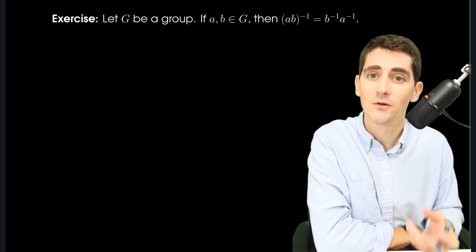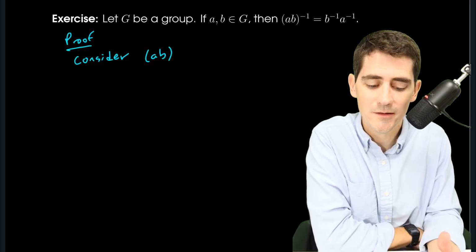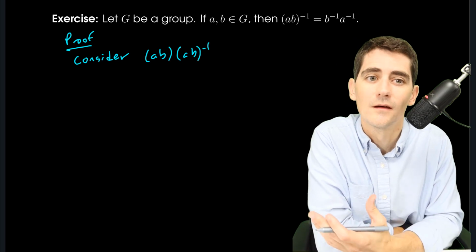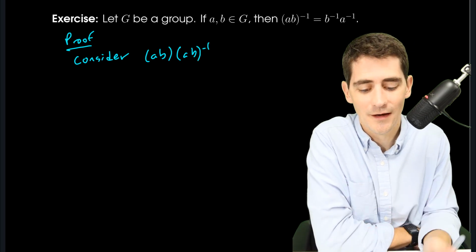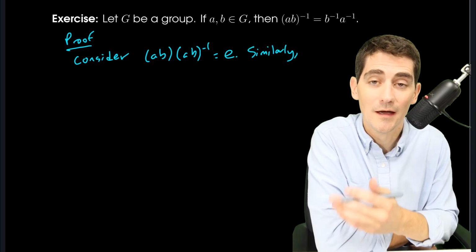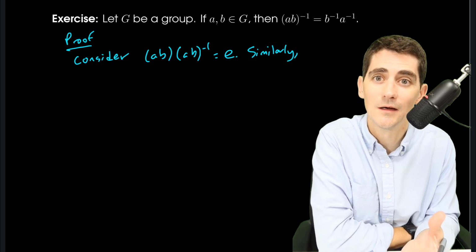We need to use the fact that we're looking at inverse elements. So first I know that if I multiply AB by the inverse of AB, then just by definition of inverses, that is going to be my identity element. Similarly, if I multiply AB by B inverse A inverse, I believe I'll also get the identity element.